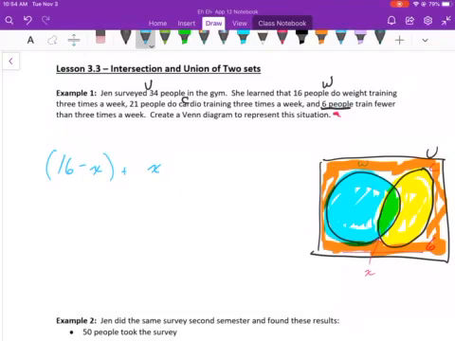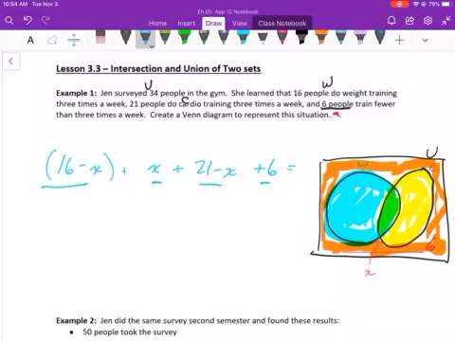Well, the whole circle of yellow is 21 people big, isn't it? So just the yellow must be 21 minus X. Plus, I have to think of the 6 people who do neither. So if you note, each one of the spaces in my picture is taken up by an expression.